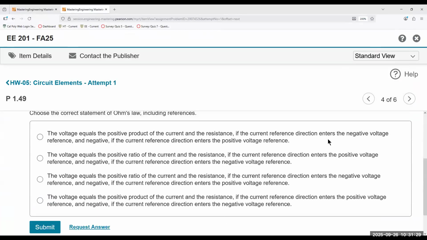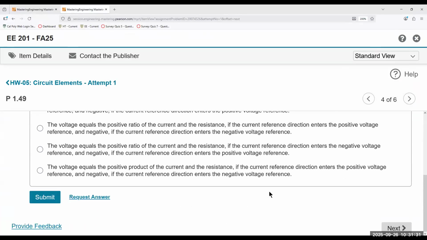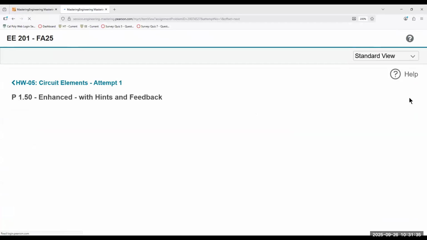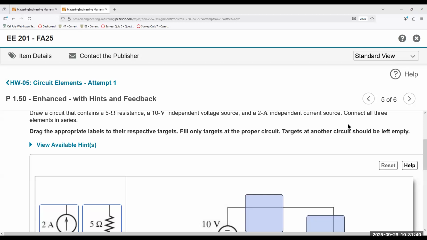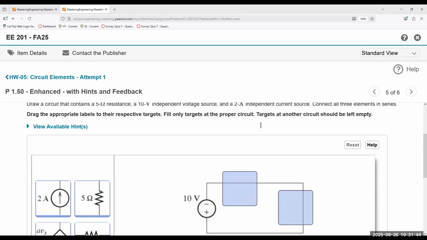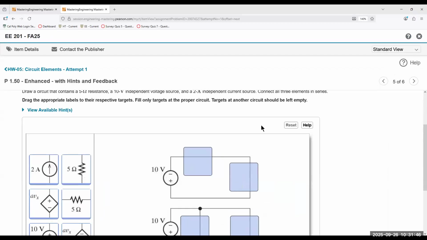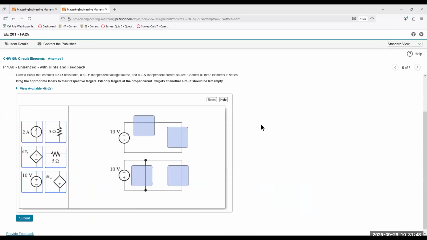Choose the correct statement of Ohm's law. That shouldn't be too much of an issue. And then here is the one that does cause issues. Draw a circuit that contains a 5 ohm resistance, a 10-volt independent source, and a 2-amp independent current source.